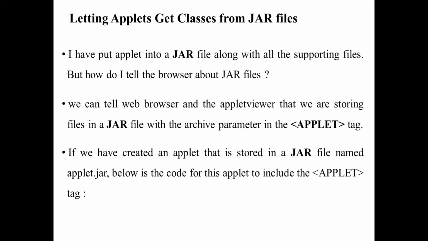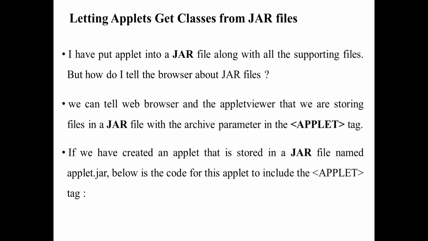Next, let's move on to how to let applets get classes from a jar file. I have an applet in a jar file along with all the supporting files. But how do I tell the browser about the jar file?